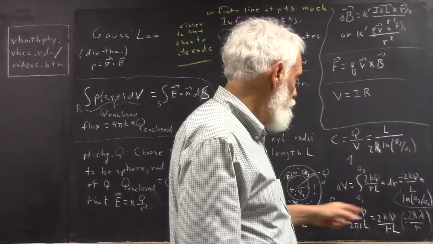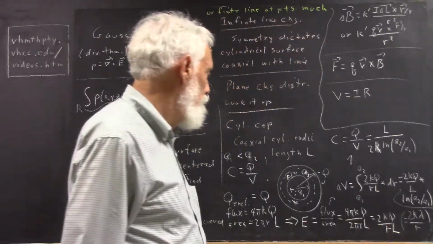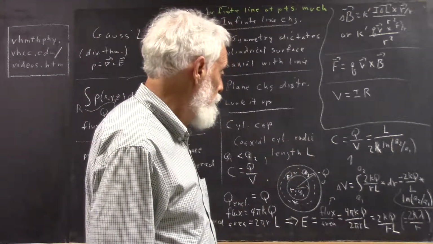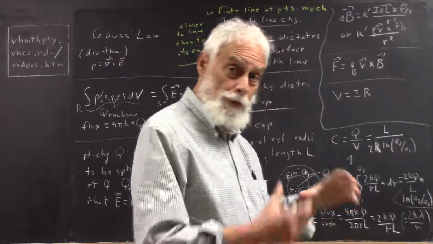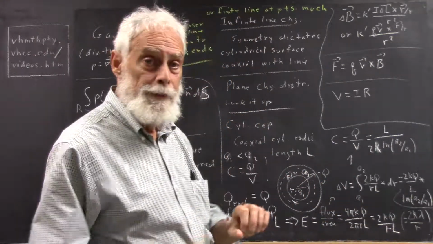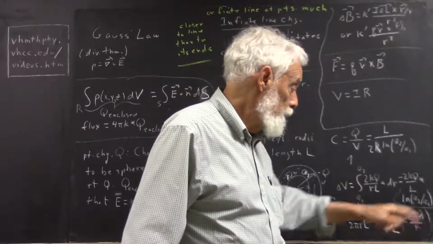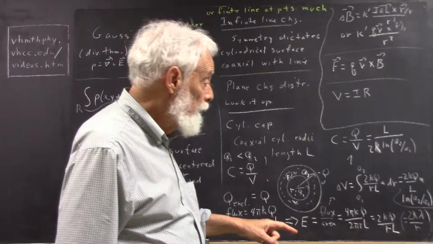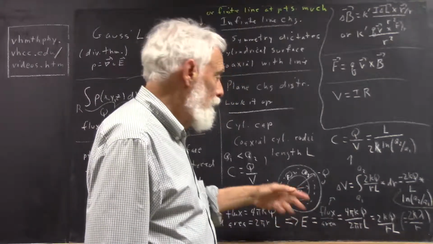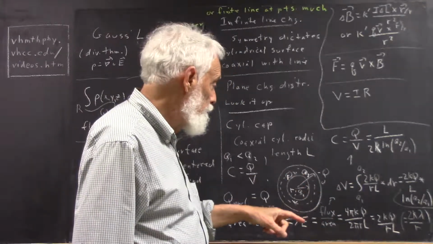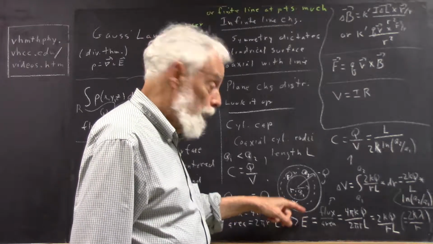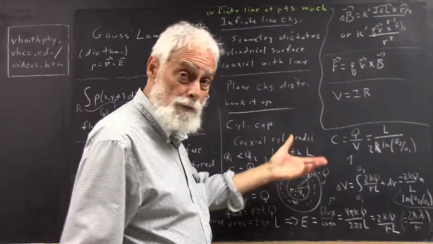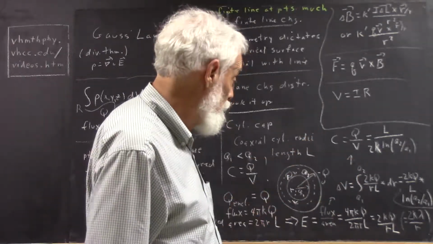So that's the electric field of a long cylinder. You can also shrink the long cylinder down to a line, and it's also the expression for the field of a line charge. Now, for the inner cylinder, this only applies if r is bigger than A1. If r is less than A1, your Gaussian cylinder isn't going to enclose any charge. There's no charge inside here.